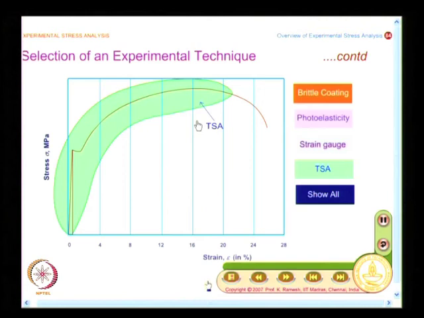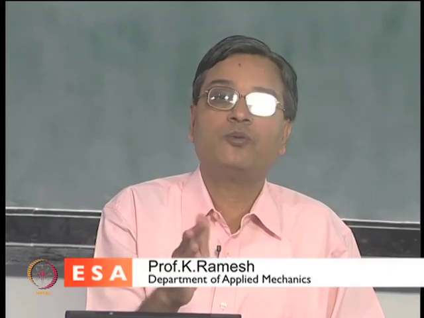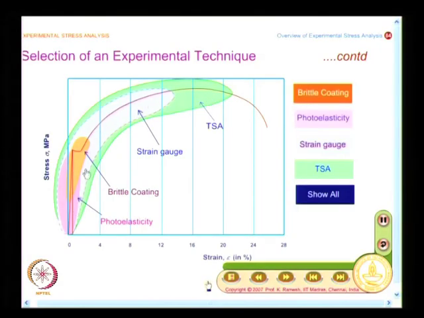Strain gauge instrumentation is a lot simpler when you compare it to TSA, but even that instrumentation is costly, it is not cheap. And now you have the relative zones for different techniques shown. This is TSA, this is strain gauge, this is brittle coating, and this is photoelasticity. So, when you are confronted with a problem where you need to find out strain in a particular region, from this graph you will be able to find out which technique to select.